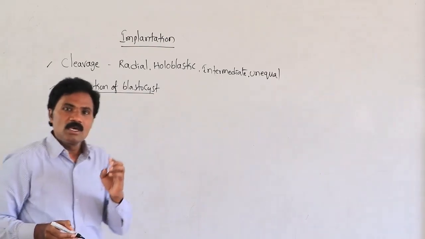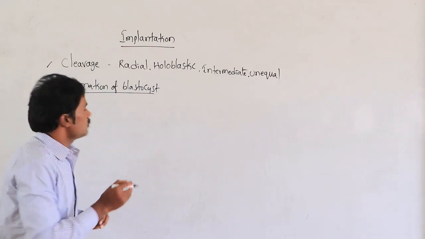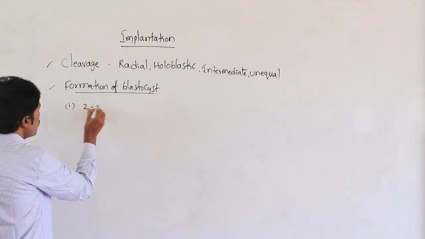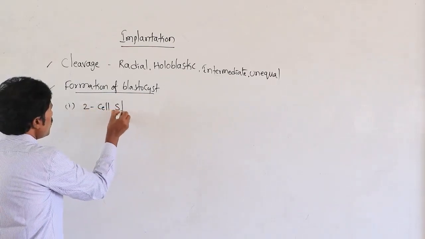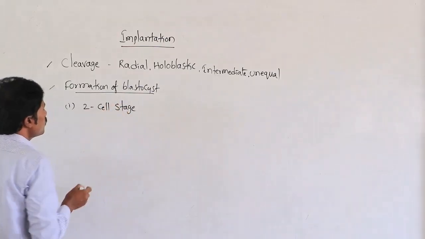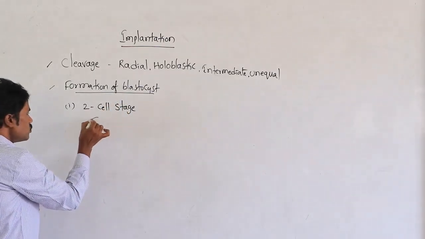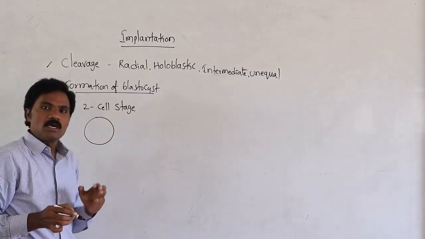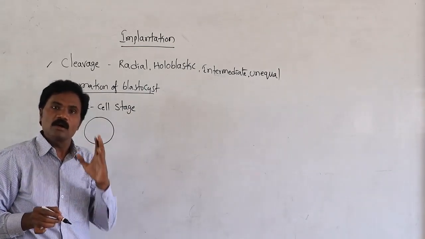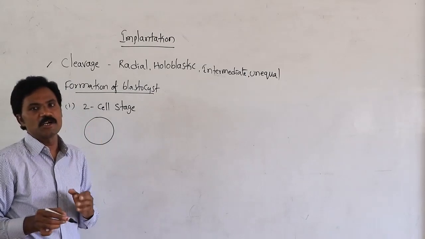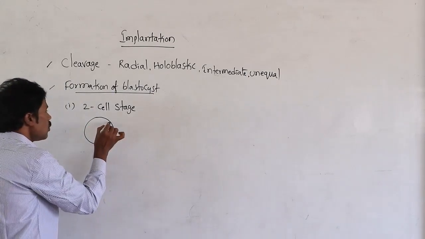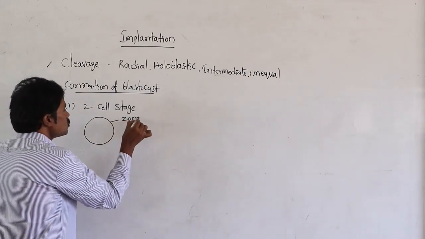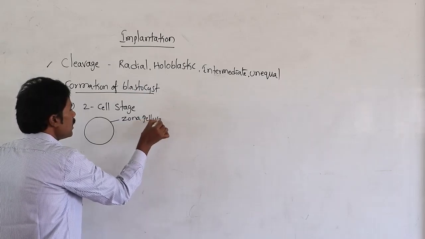First, the 2 cell stage takes place. This is the zygote. In this zygote, the zona pellucida is still attached. This is the outer layer, the zona pellucida.